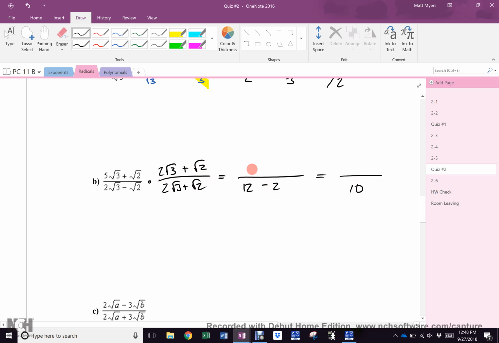And up top you have 10 times 3, which is 30, plus 5 root 6 plus 2 root 6 plus 7 root 6 plus 2, which becomes 32 plus 7 root 6.